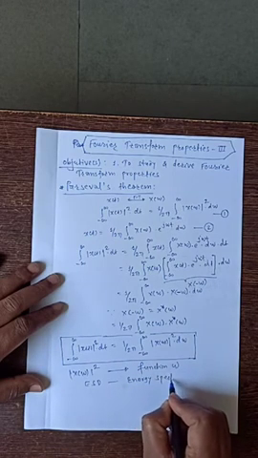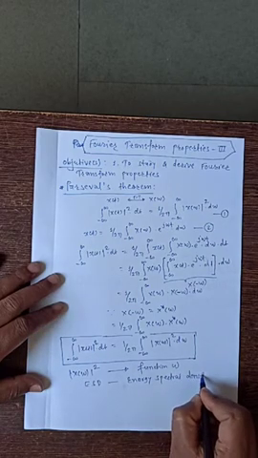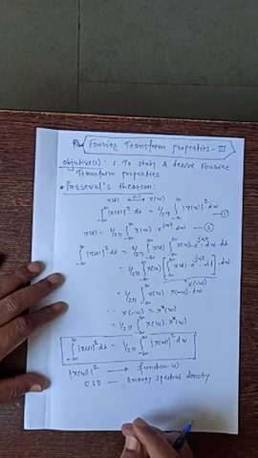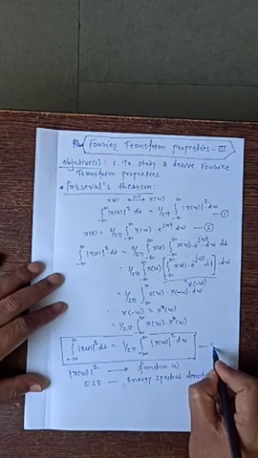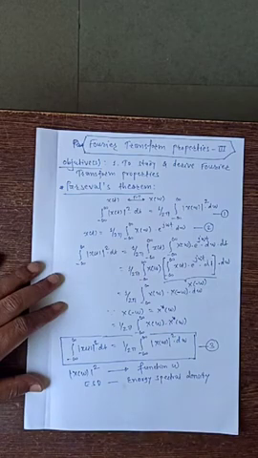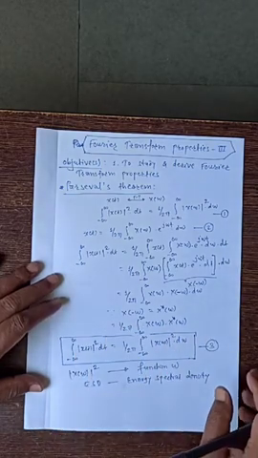It represents the total energy of a signal x(t). Let this be equation number 3. This equation is known as the Parseval theorem or Rayleigh theorem. This is a property of the Fourier transform.